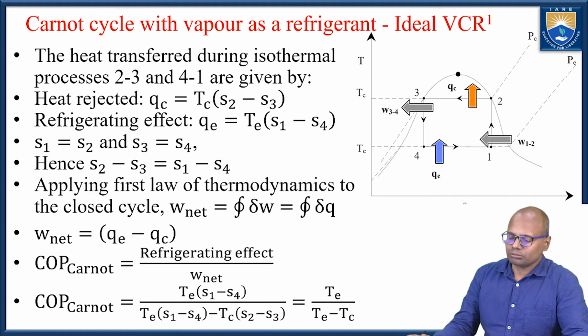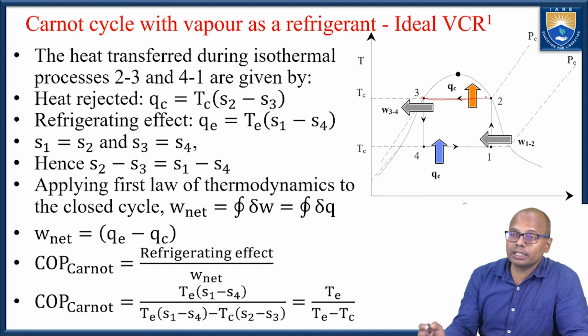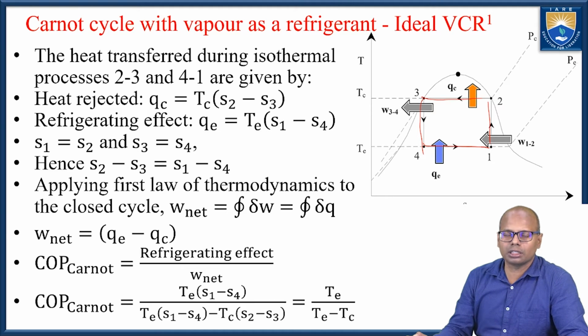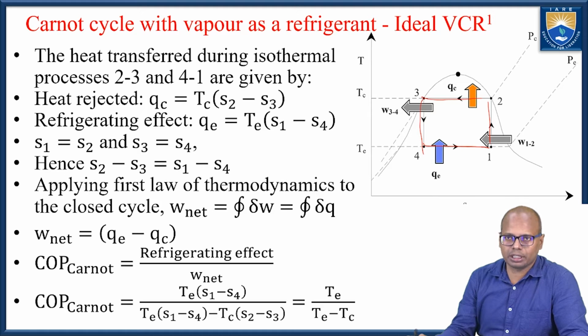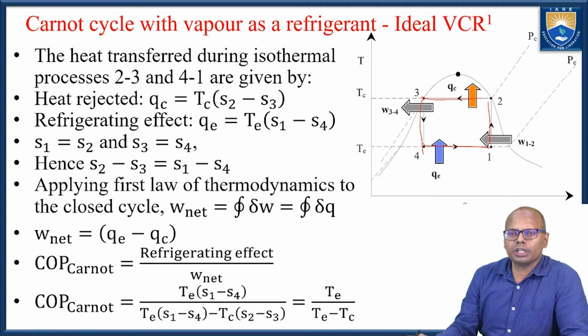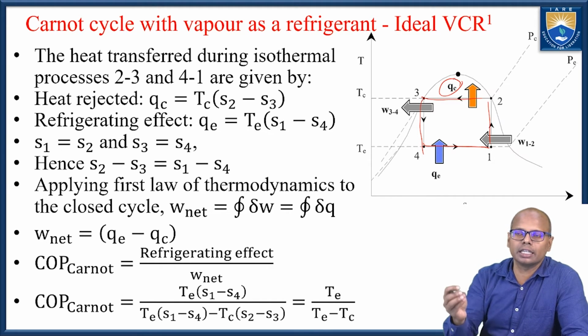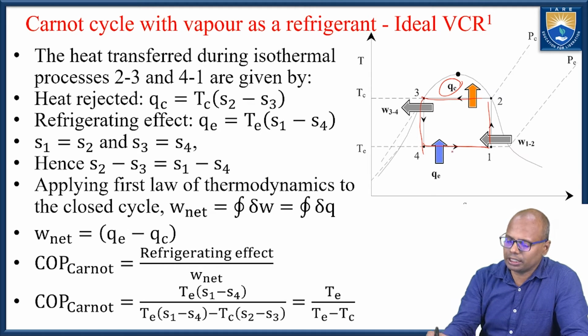Now here this is condenser temperature and this is evaporator temperature, and this is compression and expansion. So we have the reversed Carnot cycle being operated here using the refrigerant. So what we are doing is we are rejecting heat in the condenser.